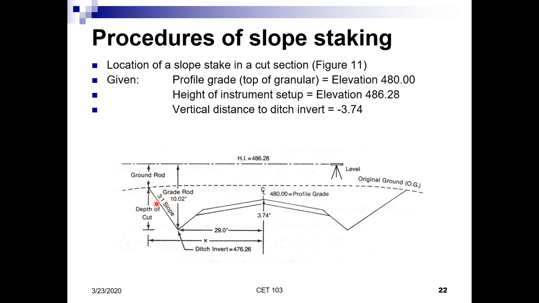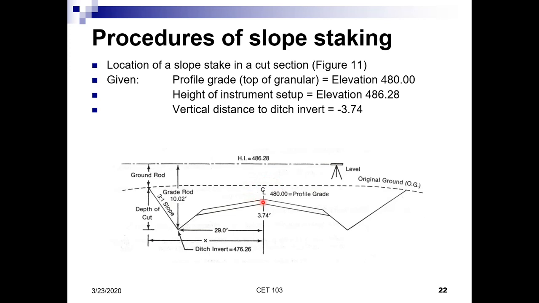The solid line that I show here represents the finished proposed profile of the roadway. Now remember, this is a section along the roadway, left and right of the center line. The center line is represented by the CL you see on the drawing there.